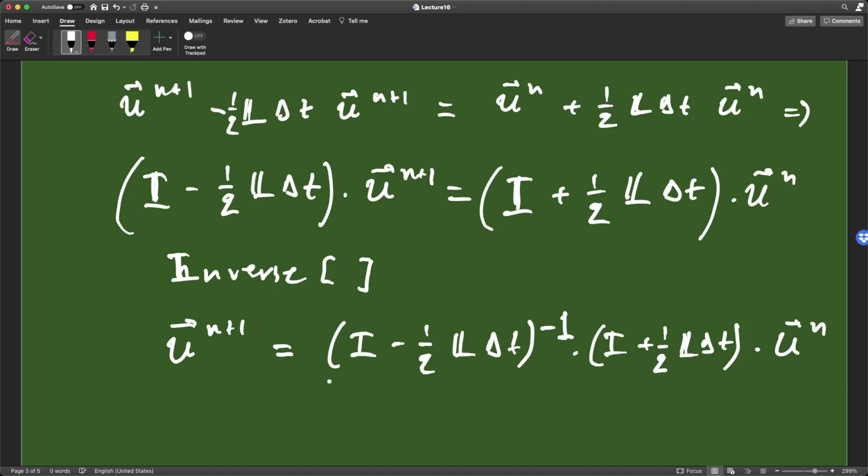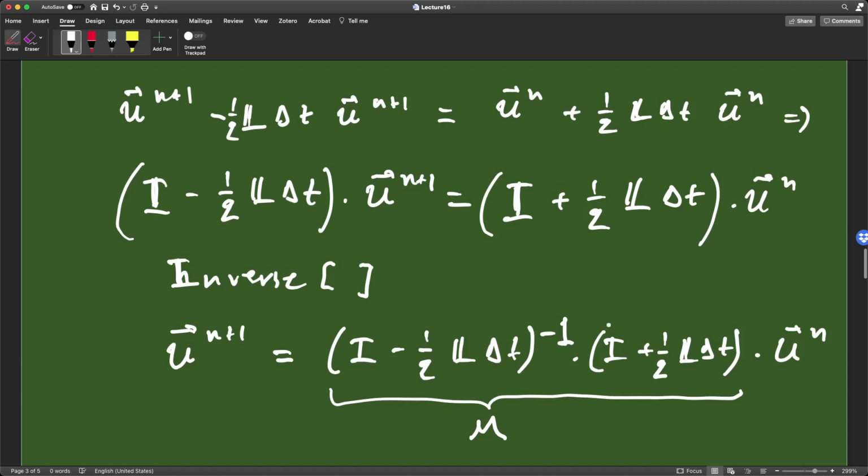So we can call this matrix M, and we can store it, because again, if delta t time step is fixed and the matrix L is fixed, then this matrix doesn't change in each time step. We can simply store it in advance, and then each time step again is a simple matrix multiplication.